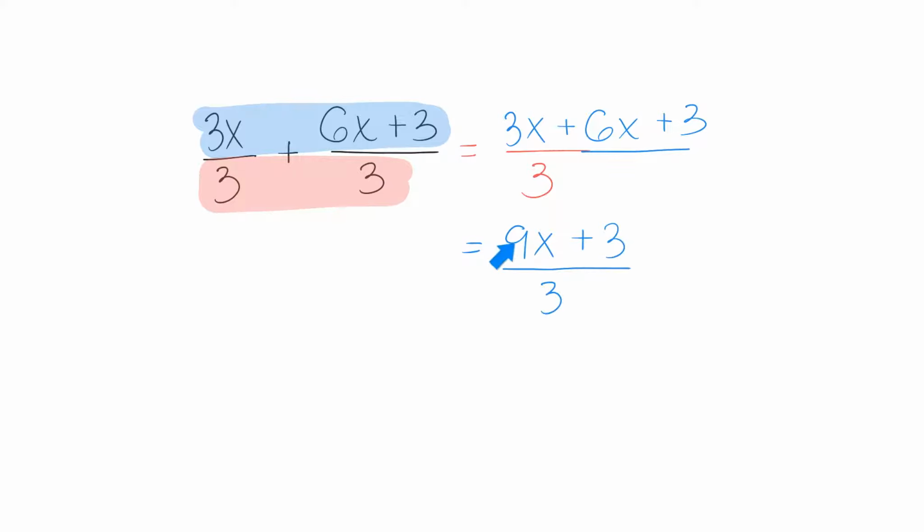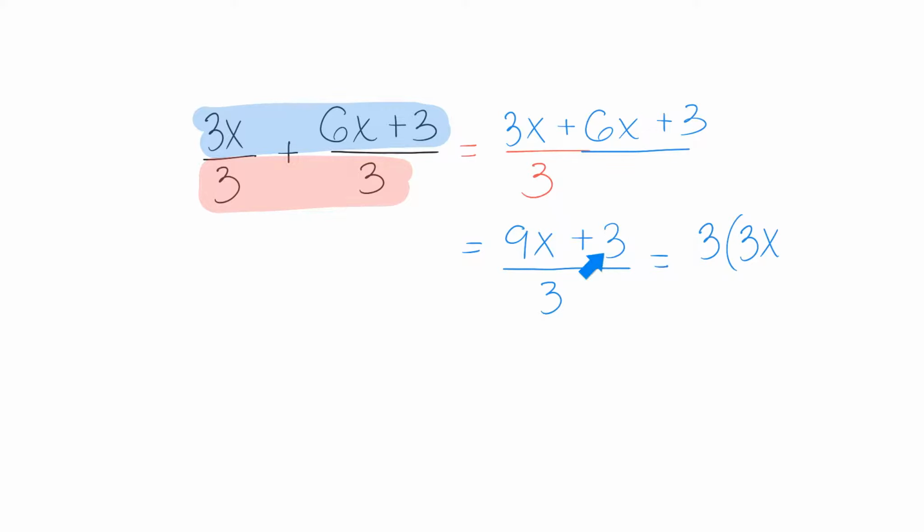Now that final piece again, I've got 9s, 3s, and 3s. Is there something I can factor out and then cancel? In the numerator, 9 and 3 have what in common? They both divide by 3. So I'm going to factor out a 3. And 9 divided by 3 is 3, well, 3x.